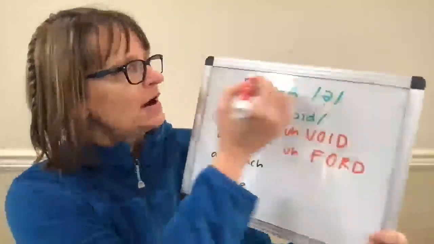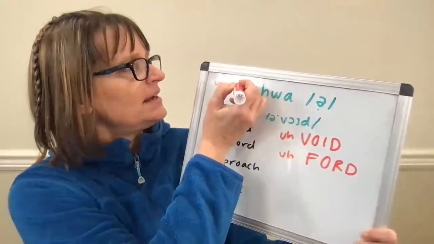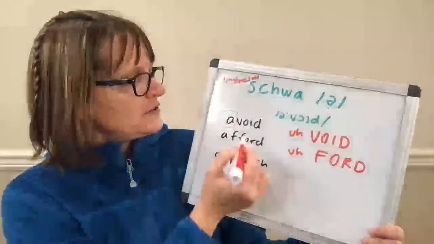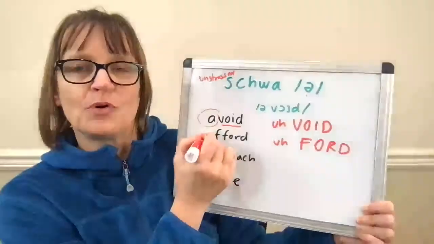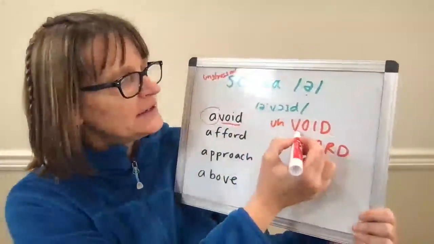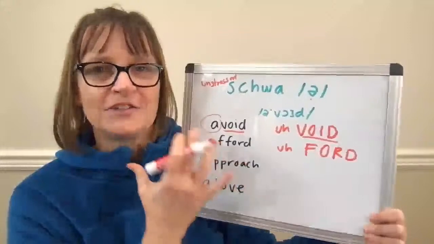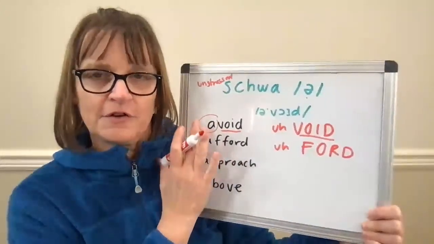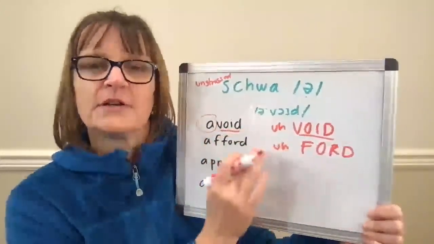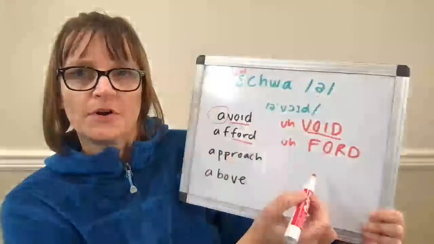It's vowel schwa, and it's the unstressed vowel schwa, meaning that in all of these words, the A is unimportant and the next syllable is important. So in avoid, a good strategy for saying these words and to correct that error is to just leave the letter A off at first and say void, avoid, or ford, afford.